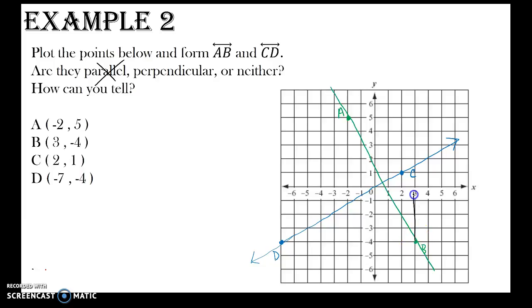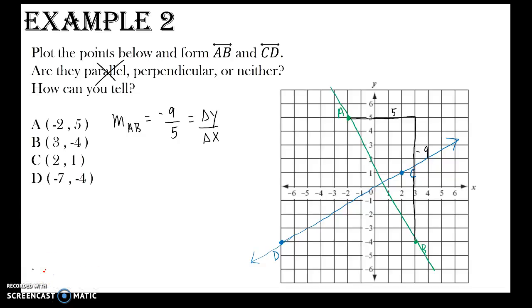So using our slope triangles, I go to the right 1, 2, 3, 4, 5 units, and I go down 1, 2, 3, 4, 5, 6, 7, 8, 9. So the slope of line AB, rise over run, -9 divided by 5. Remember, our rise is the change in the y values.